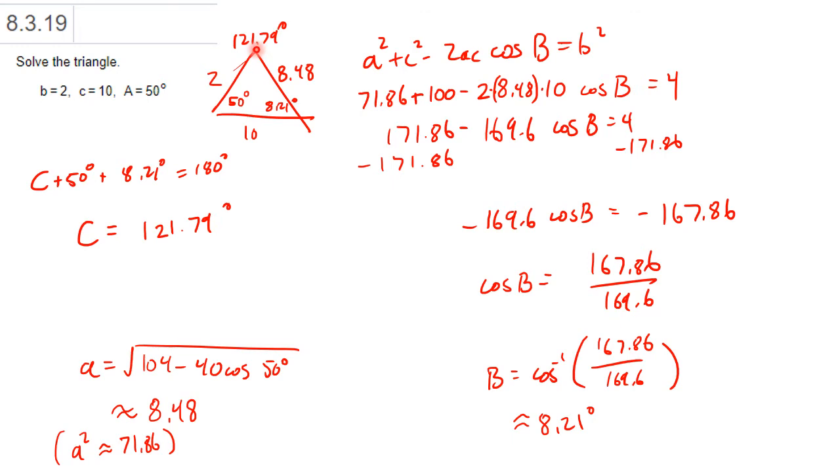The next largest side is 8.48, which is across from the next largest angle of 50 degrees, and the smallest side is 2, across from the smallest angle of 8.21. If this doesn't match up, if you have the largest side across from the smallest angle, for example, you made a mistake somewhere, so go back and try to find it. Larger sides always correspond to larger angles in the correct order. Since that checks out, I'm confident we didn't make any mistakes, so let's move on.